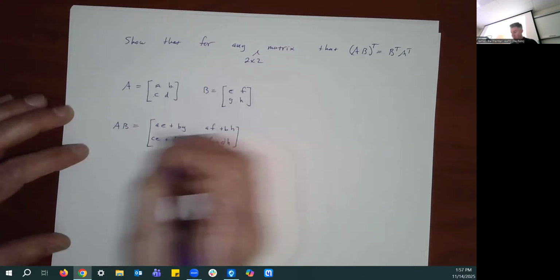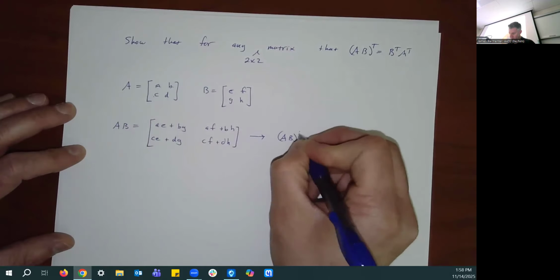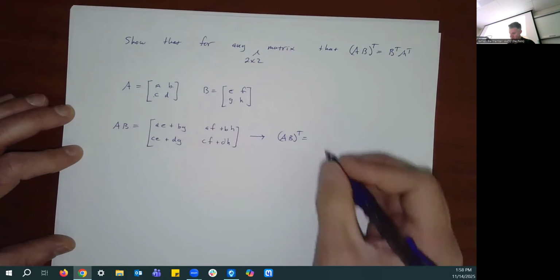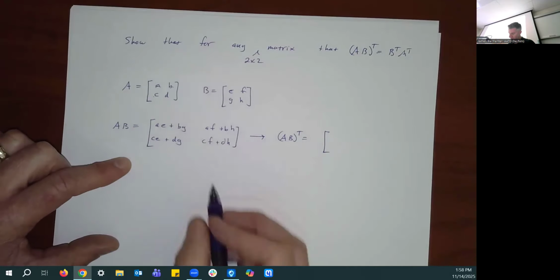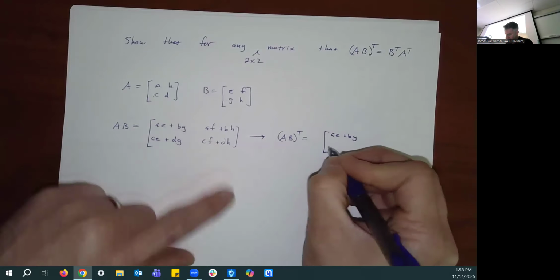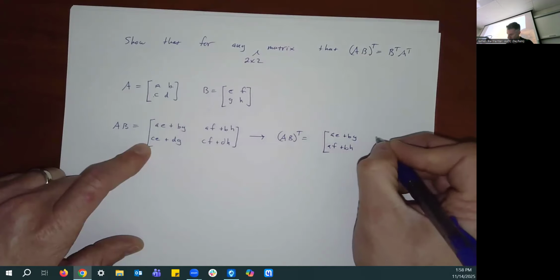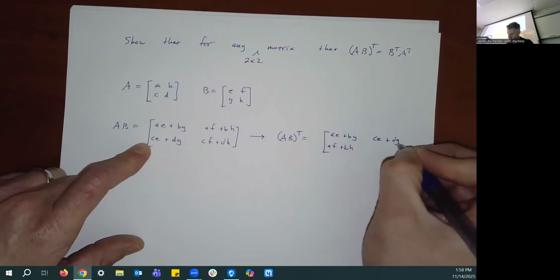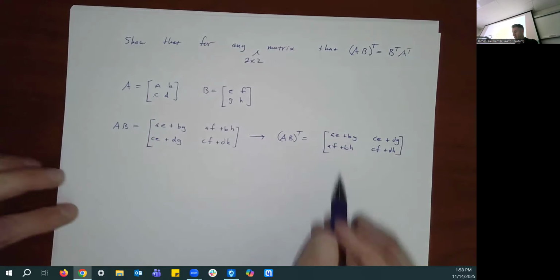And then if we take the transpose of that, so (AB) transpose is just going to be equal to the transpose, meaning this row is now the first column. So my first column is AE plus BG and AF plus BH. And my second column is CE plus DG and CF plus DH. So that's this side of it.